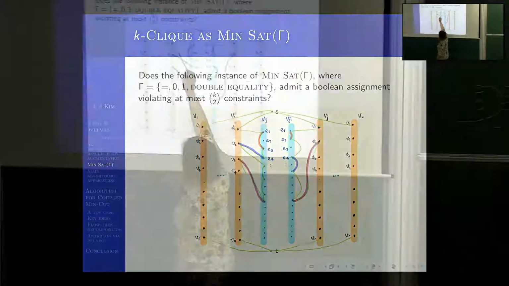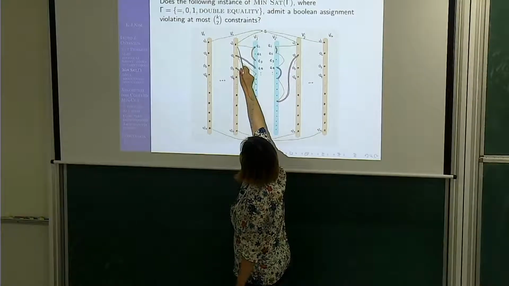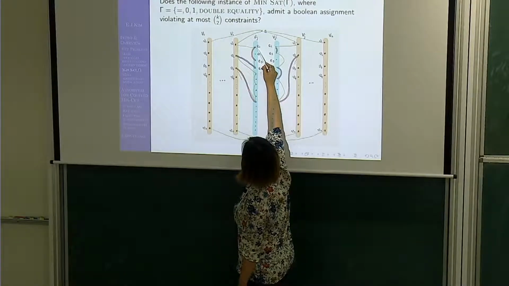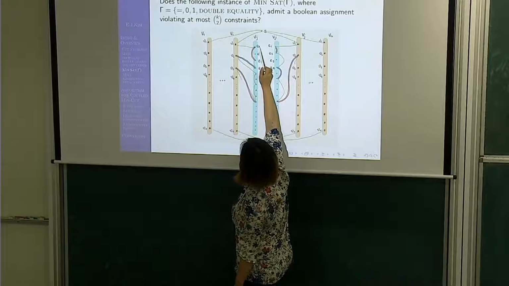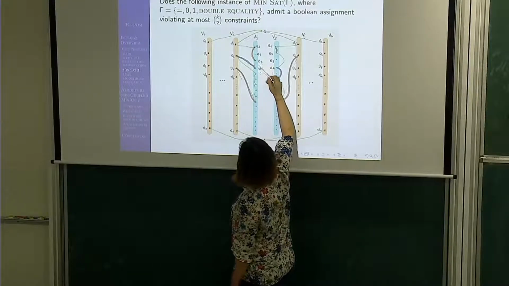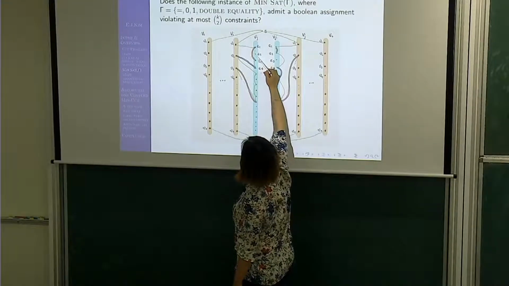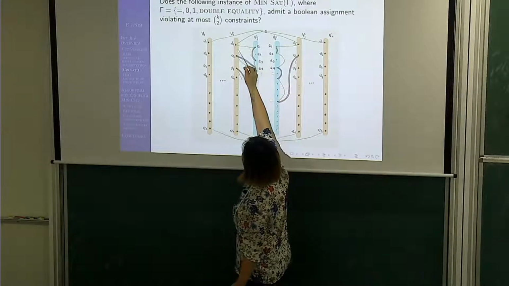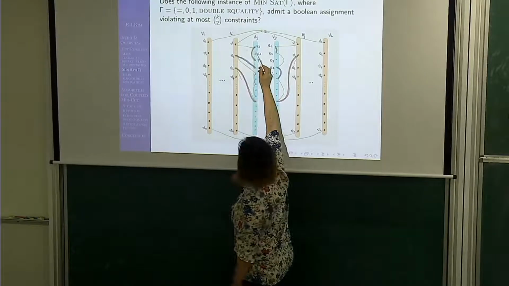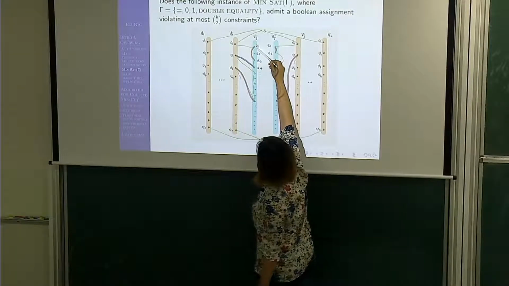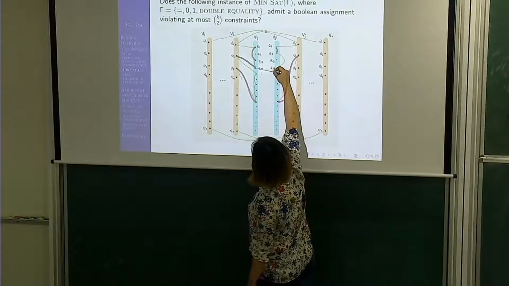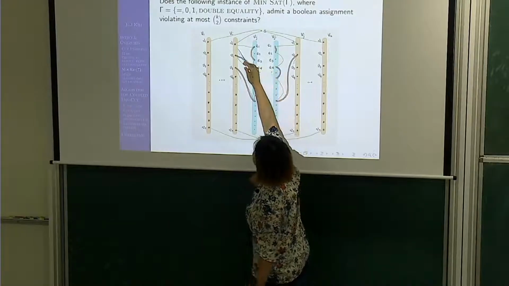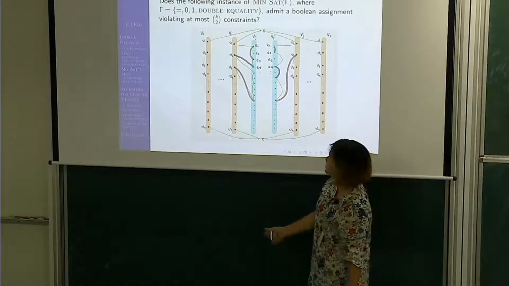Between V1 and V2, I add a path using the vertices of Vij, where all the vertices in between represent the edges incident with V1. For example here, E1, E3, E4 are incident with V1, and these are edges between Vi and Vj.